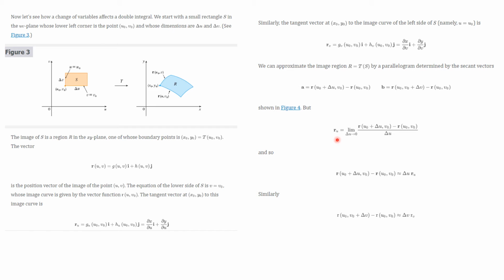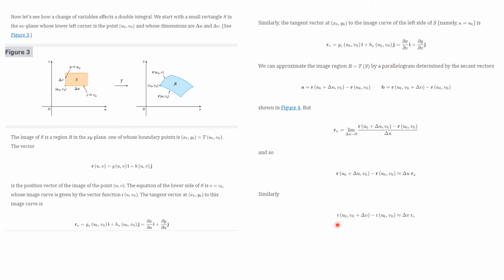But recognizing that this partial is a limit, we know that we have the following relationships: r at (u0 plus delta u, v0) minus r at (u0, v0) is approximately equal to delta u times r sub u.